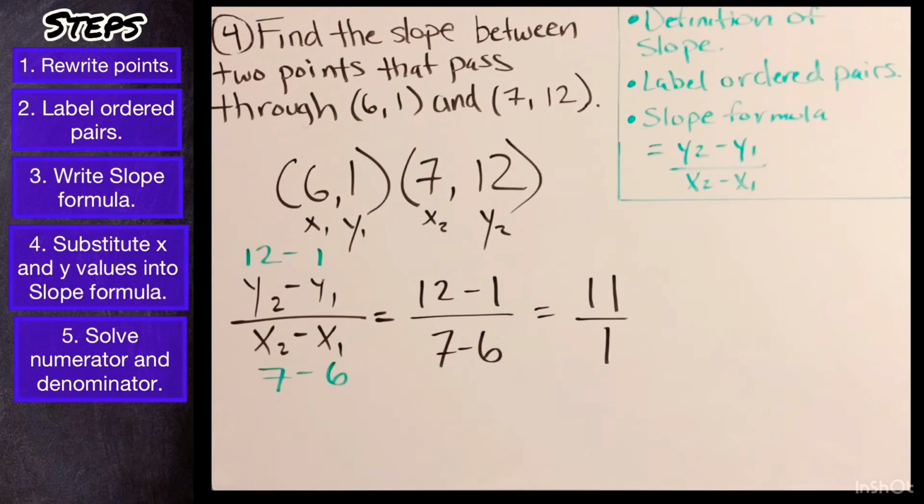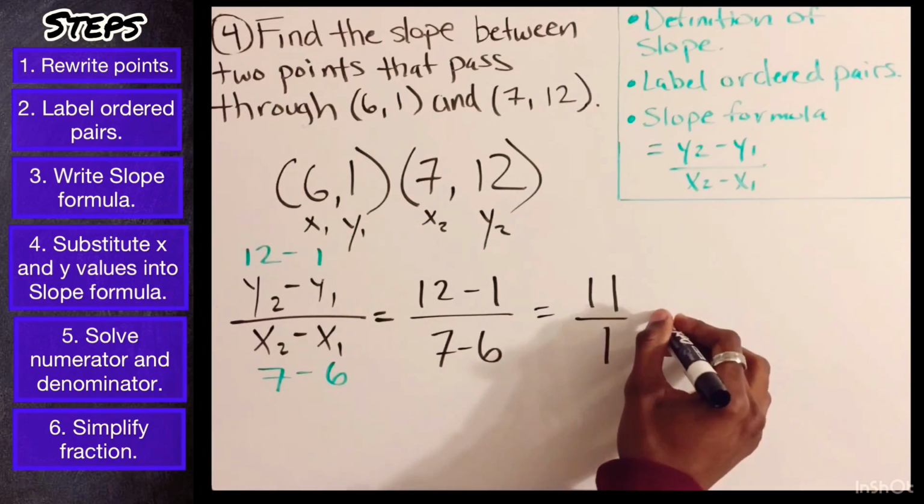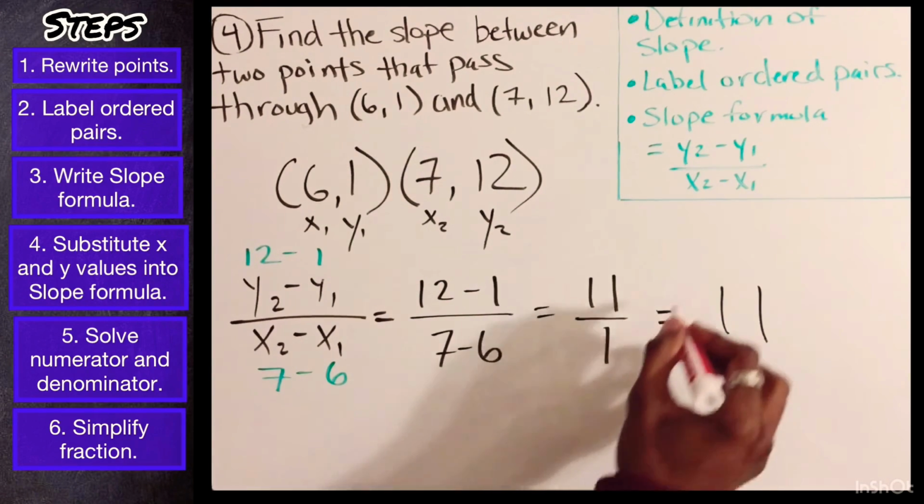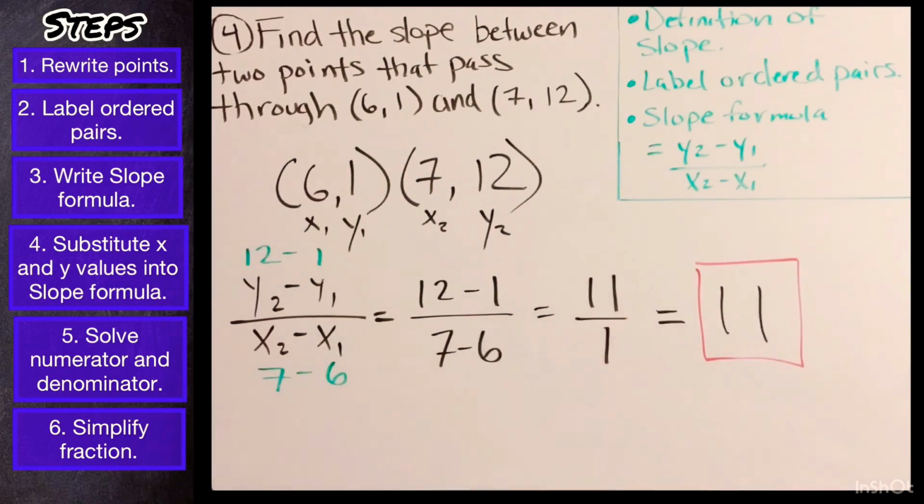And there we go. Just like one of our previous examples, we have a number over 1, which is always going to give us that number, which is the numerator, and that's 11. So we have here that our slope is 11, and that is your answer.